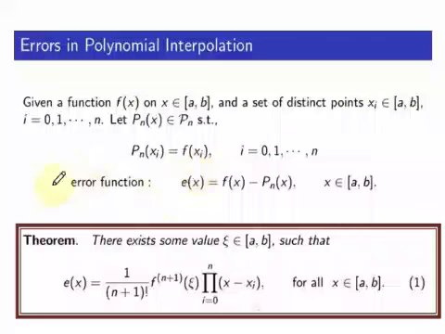Now we can define the error function, the error between f of x and the interpolating polynomial. This error function is the distance between these two functions on the [a, b] interval.